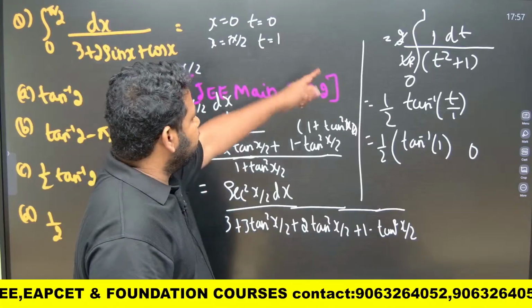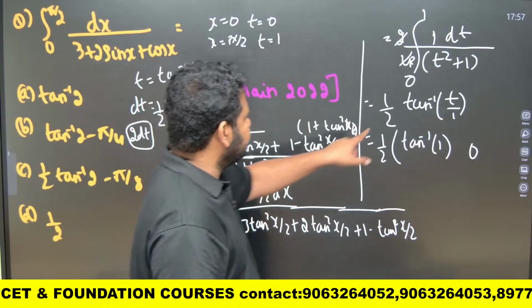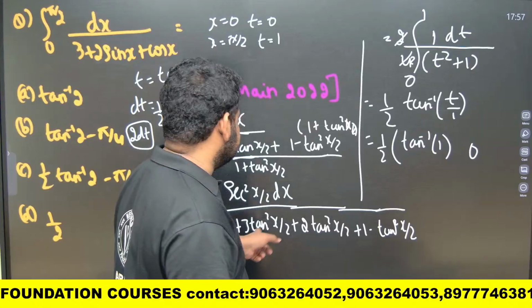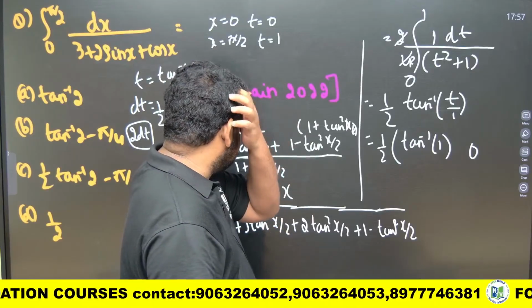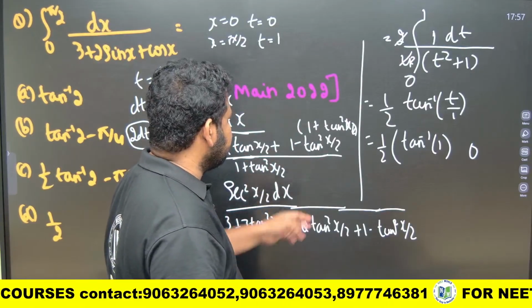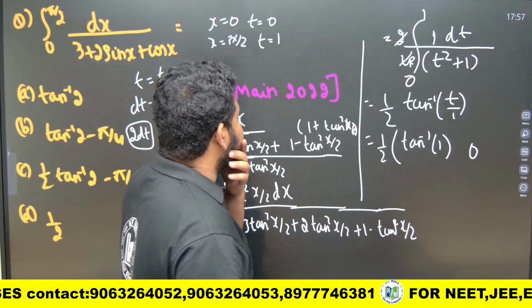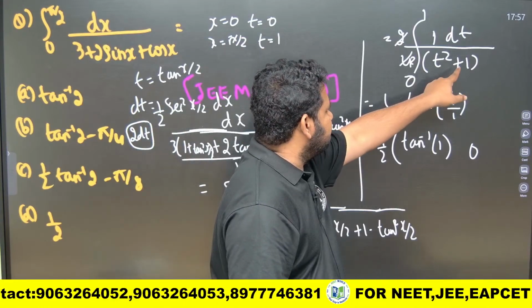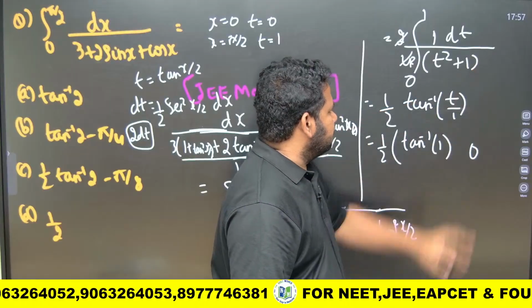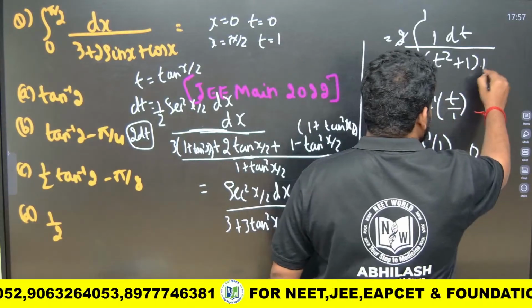Now if I put it there, this will become half into tan inverse of, this will become t square plus 1, 1 by t square plus 1 plus 1. Actually I will have again plus 1.